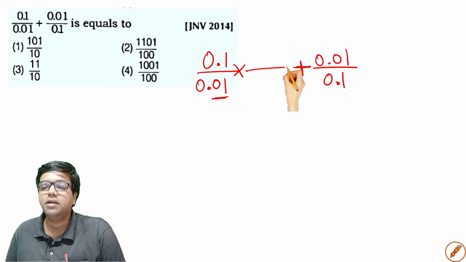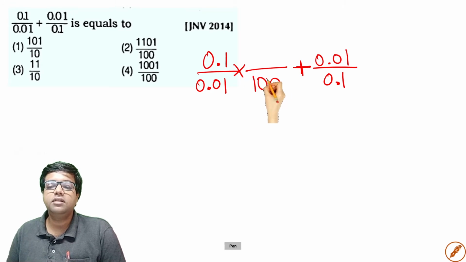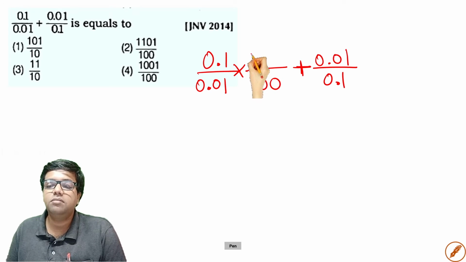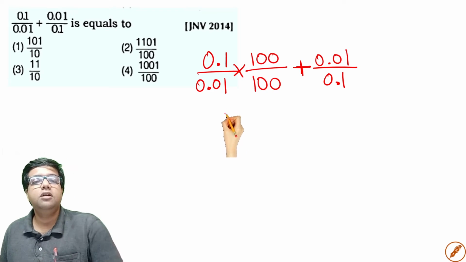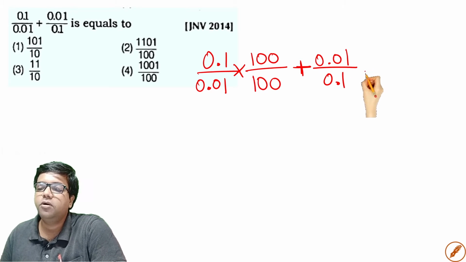So I will multiply it by 100. When you multiply a number with 100 in the denominator, you will also have to multiply the same number in the numerator. Understand this. Similarly, 0.01 by 0.1 is there.